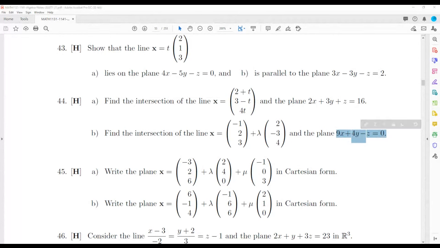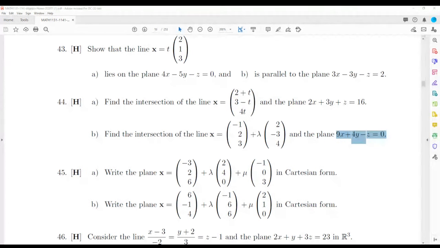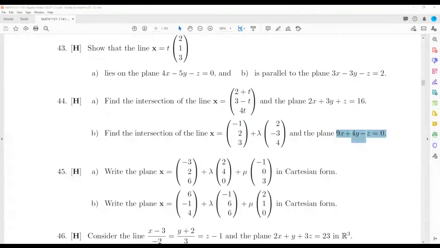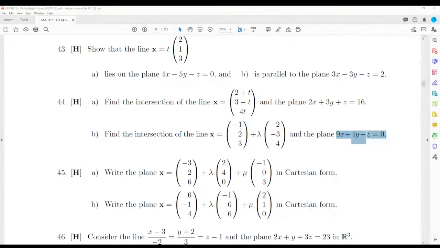I guess I can draw, let me see if I can do this in GeoGebra. How can a line and a plane intersect? Okay, Rex, it's an interesting question. I'm just going to type this into the chat. That's the big question. How can a line and a plane intersect?